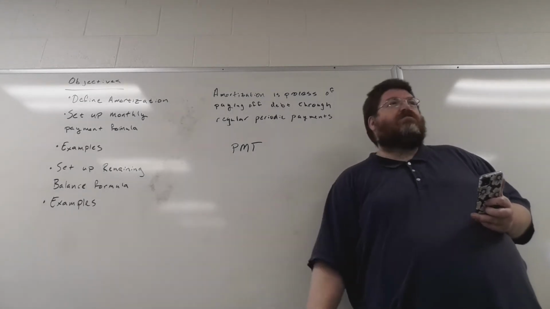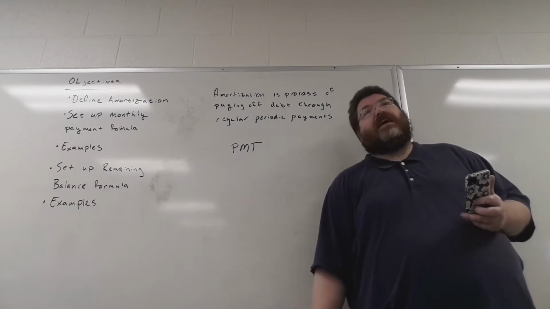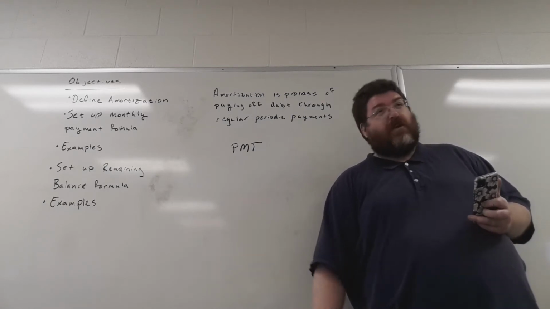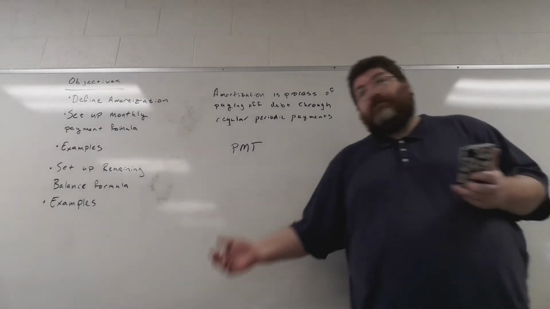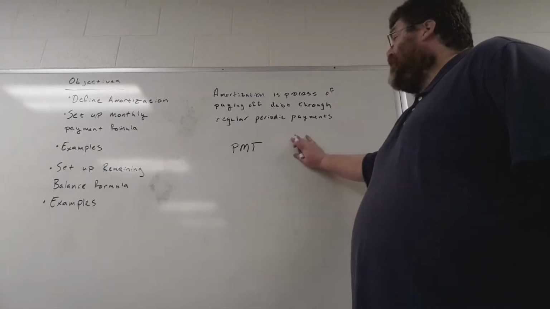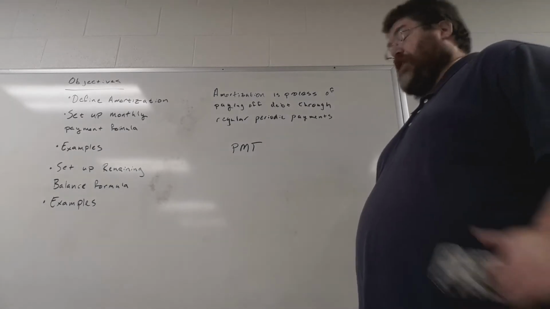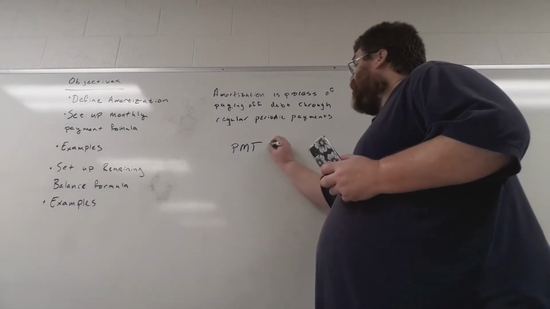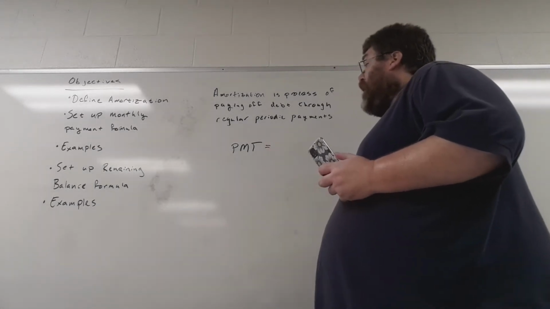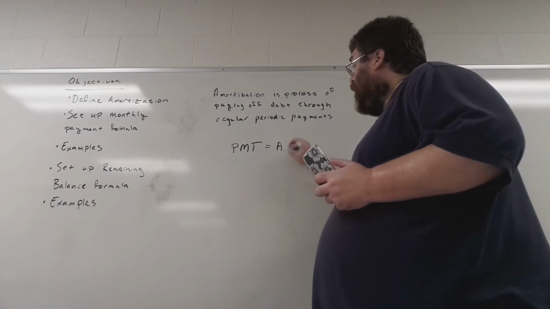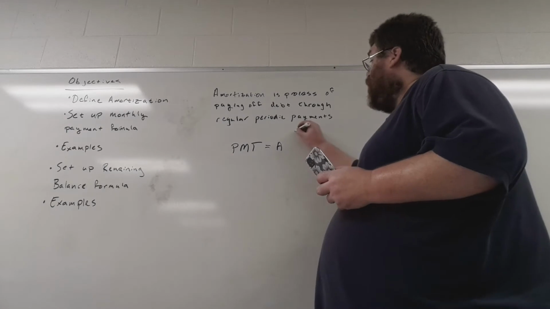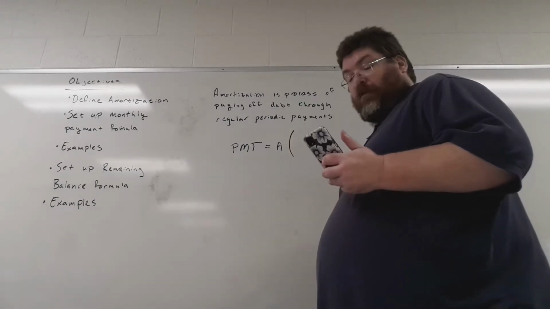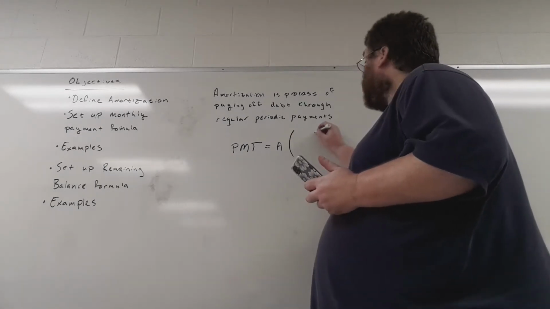M, I guess you might use that for monthly payment, but M is often used for the slope of a line, so we're not going to worry about that. And T is time, so for monthly payment, I guess we're just stuck with PMT. Now our monthly payment is based off the amount that we borrow. And then we have a big ugly formula that goes along with it.